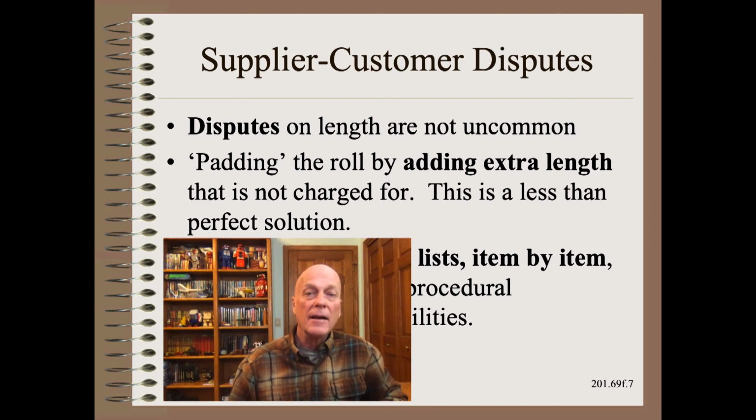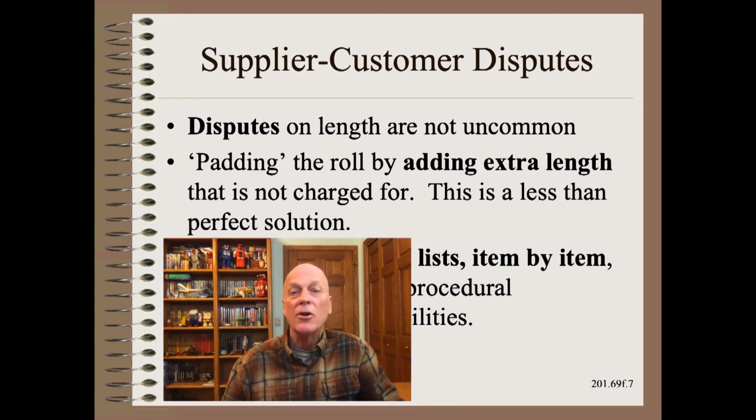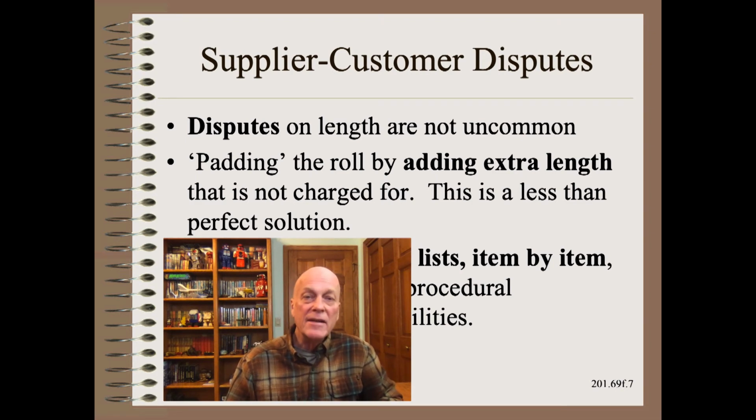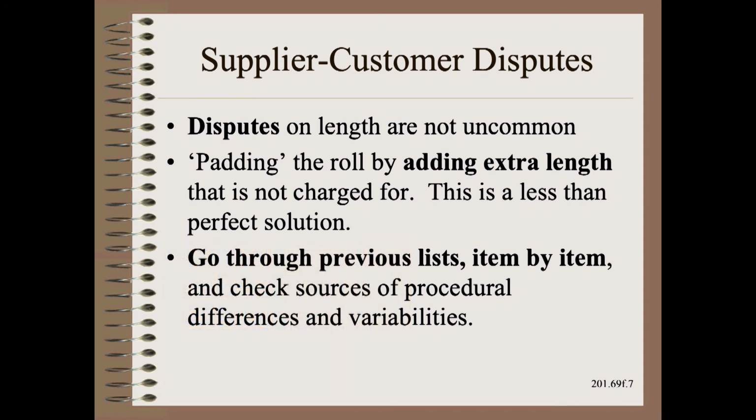This is a less than perfect economic solution because the best solution is for both of you to get the same values for your measurement of length. In order to resolve these discrepancies, someone needs to go through the previous lists item by item and check in detail each potential source for its possible size, procedural differences, and variabilities.